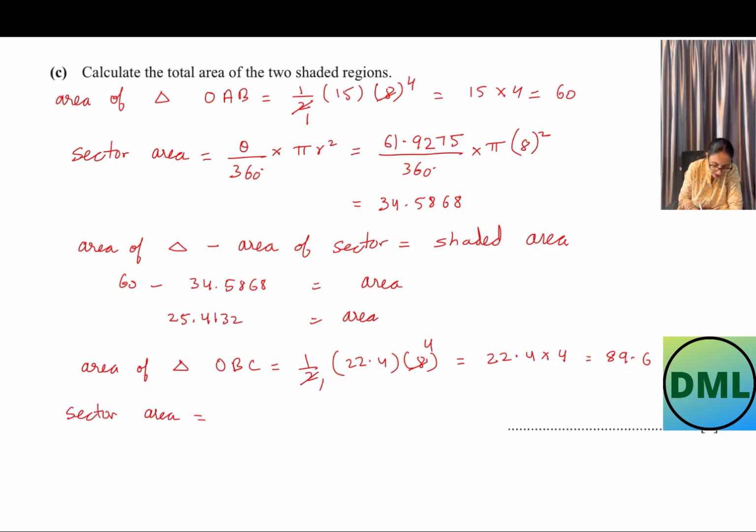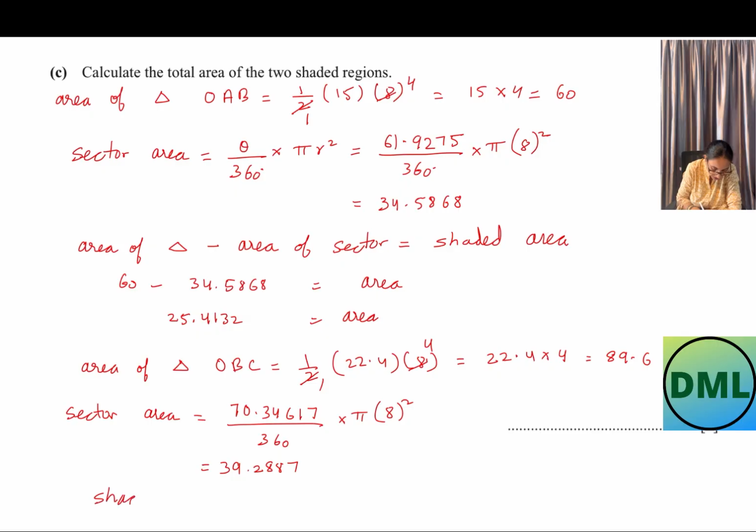Sector area is given as theta. What was my theta in that triangle here? My theta was 70.34617 divided by 360 degree multiplied by pi r square, which is 8 square. If you calculate this area in the calculator, your answer will be equal to 39.2887. I need to find out the shaded area.